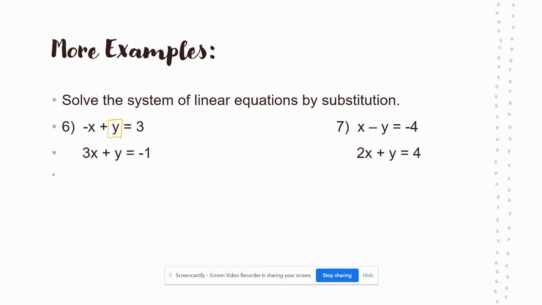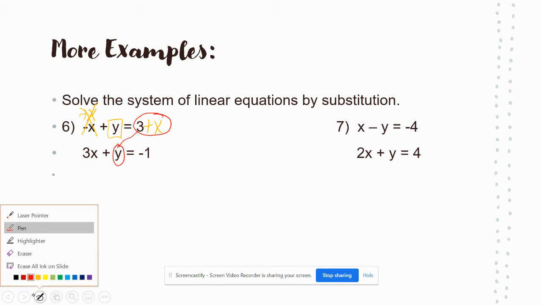I would get this y alone by moving that negative x. The opposite of negative x is positive x. So we're adding x on both sides, which makes this top equation y equals 3 plus x. So I can take that 3 plus x and plug it in for the y down here in the second equation.